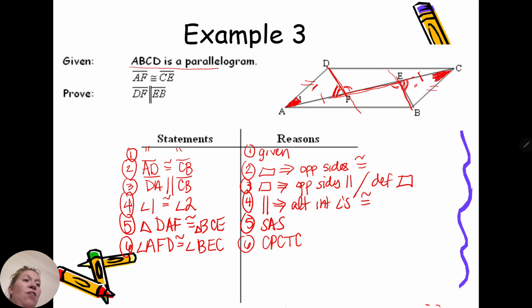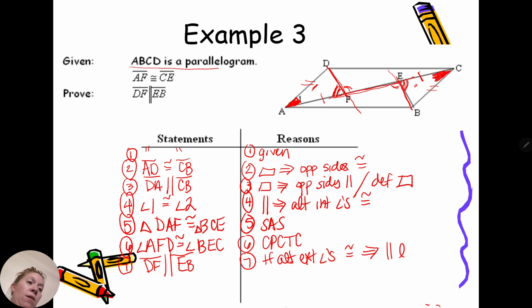And if alternate exterior angles are congruent, we have parallel lines. DF is parallel to EB. If alternate exterior angles are congruent, then the lines are parallel. All right, not too bad.